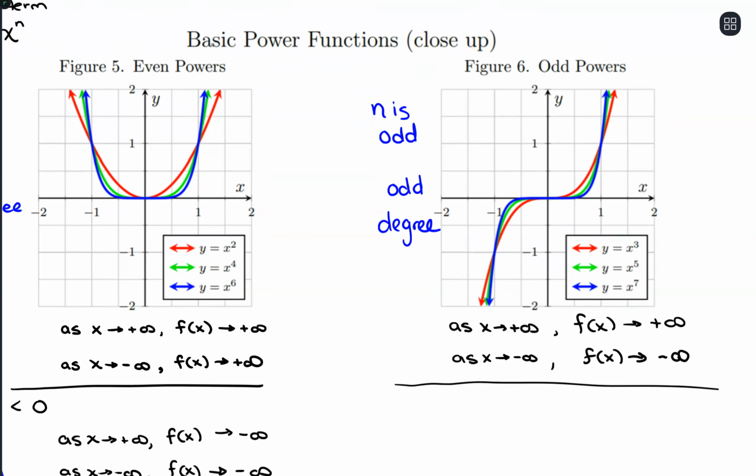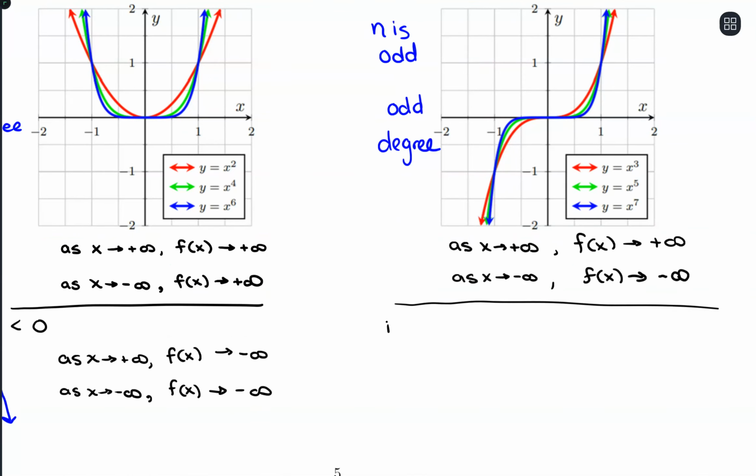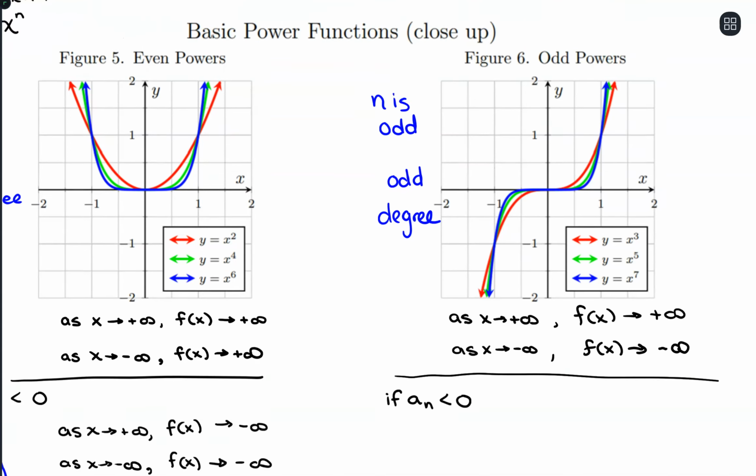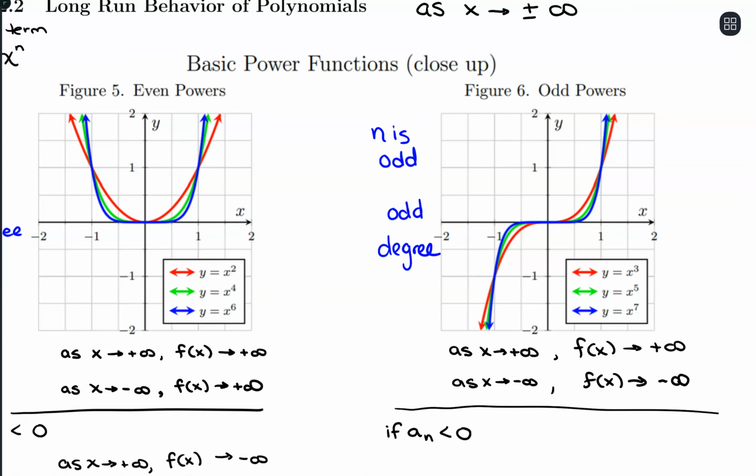All right, so let's talk about what would happen if our leading coefficient was negative. If our leading coefficient was negative, we're basically reflecting across the x-axis. So the left-hand side of our graph would start up at positive infinity, and then we'd be coming down, decreasing, flatten across 0, 0, and then decrease off to negative infinity.